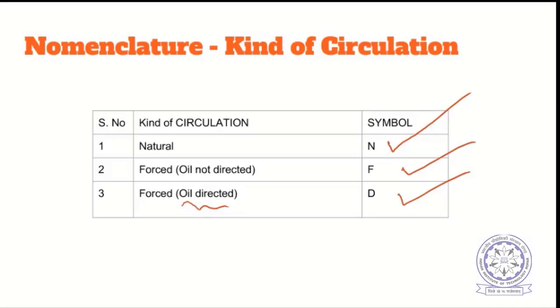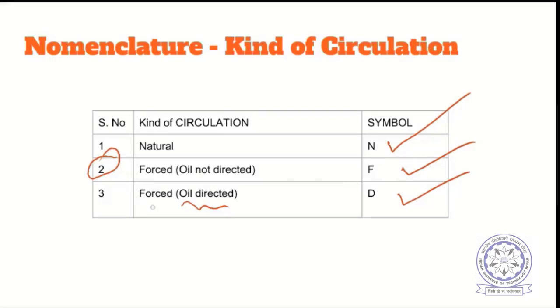Forced means we are using a pump. Actually, whenever there is forced, it means we are using a pump. In serial number 2, we are not directing the oil flow. Of course, we are using the pump, but we are not directing the oil flow. So that is simply F we use.